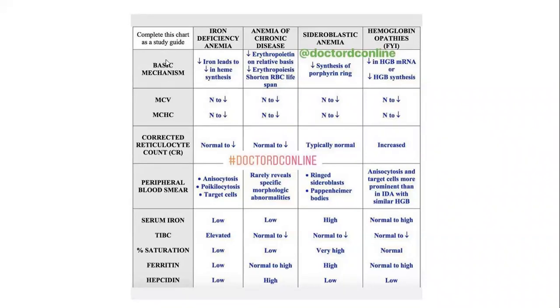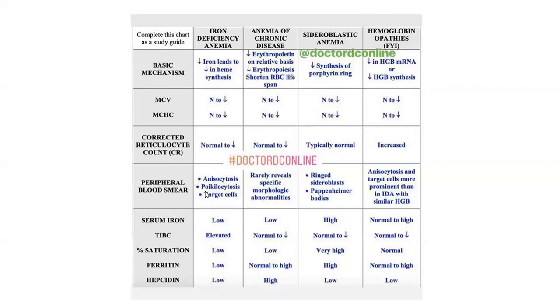Basic mechanism: iron deficiency anemia, decreased iron leads to decreased heme synthesis. Anemia of the chronic disease, decreased erythropoietin or relative decrease of erythropoiesis, shorter RBC life. So erythropoiesis means the red blood cell formation, genesis.